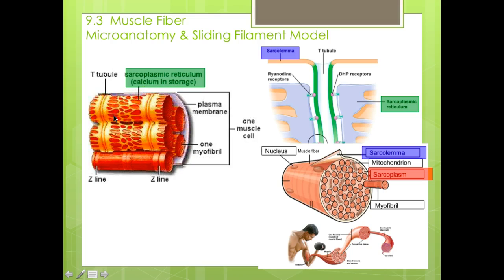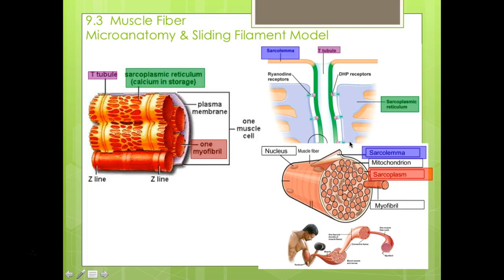All right, now we could talk about our T-tubules. You'll see they're kind of in between the SRs, the sarcoplasmic reticulum. So here's another T-tubule here, and it dips down. This would be the SR in this image, this light blue.